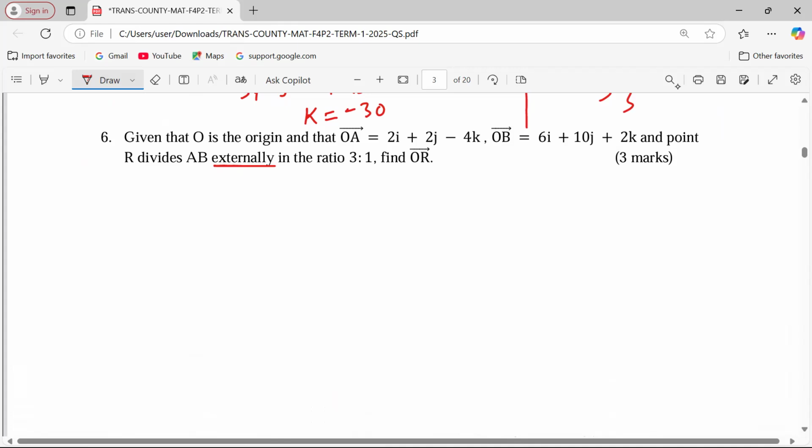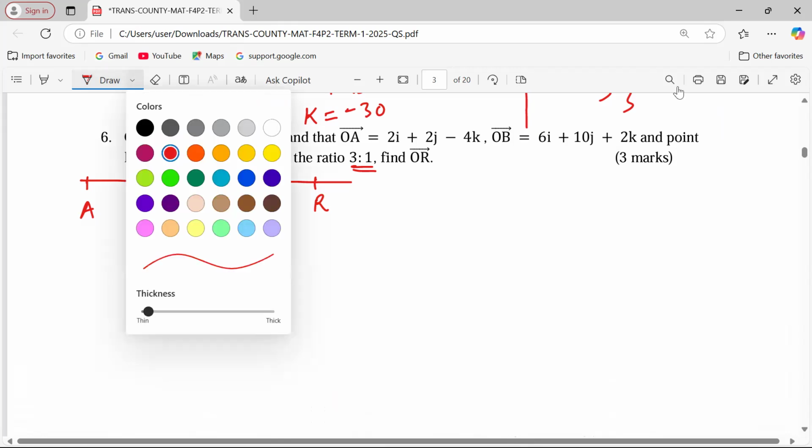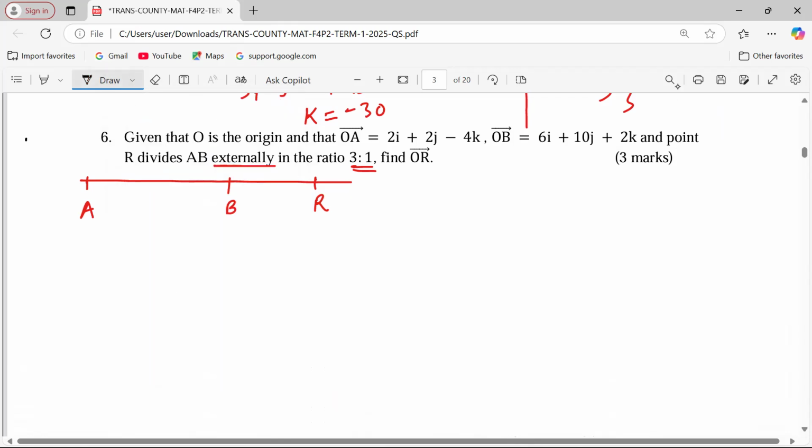Now, I'm supposed to first explain what the external division means. Look at this. We have a point A from the origin, another point B from the origin. Then now comes point R here. When we are told externally, it means from A to point R, we have 3 divisions according to the ratio 3:1.